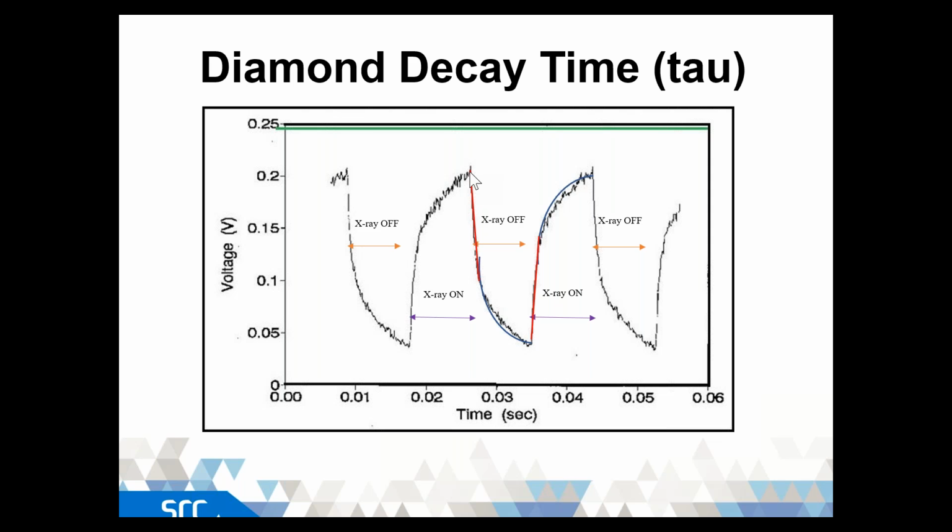If you turn that X-ray source off, then there's also a decay time where it will drop off in intensity, and then that diamond, or filament in an incandescent light bulb example, will burn out, then increase again if you turn that X-ray on, that same type of curve.